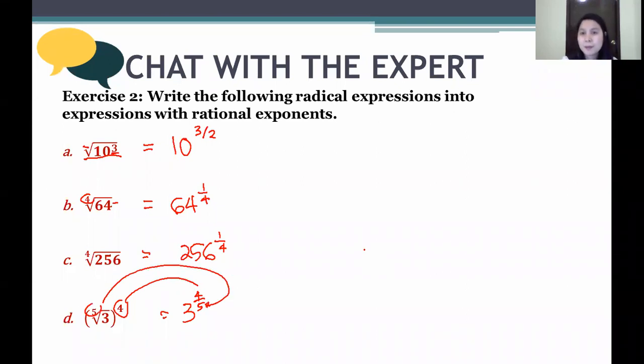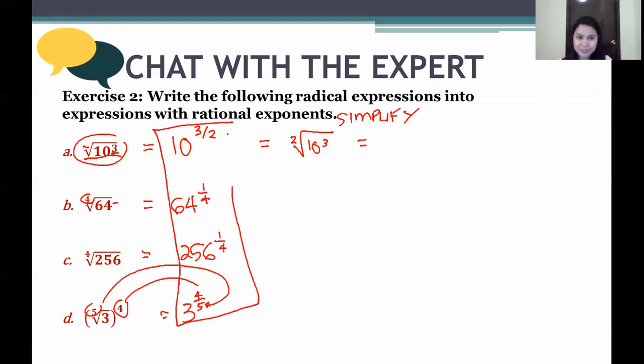Now, let me help you in how to simplify it. Ready? Let me go back to the radical expression, square root of 10 cubed. Remember what is the index here? 2. So how can we simplify this? If you're only asked to rewrite, this is the answer. But let's try to simplify.